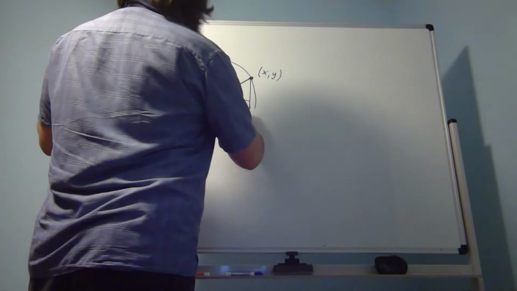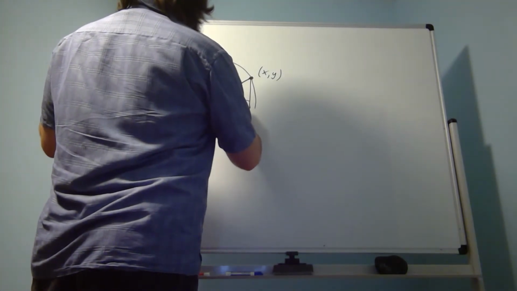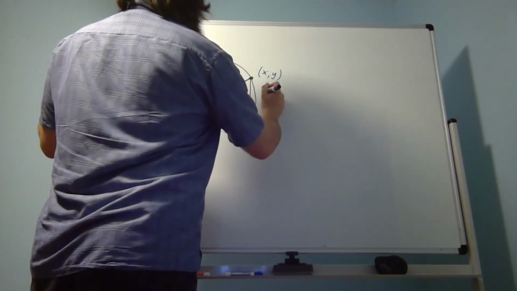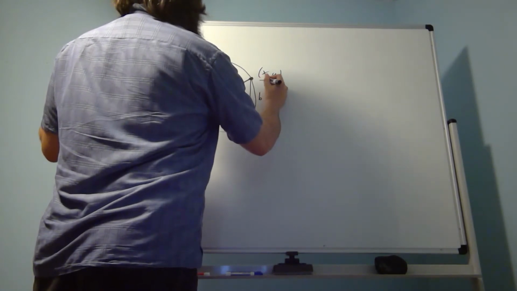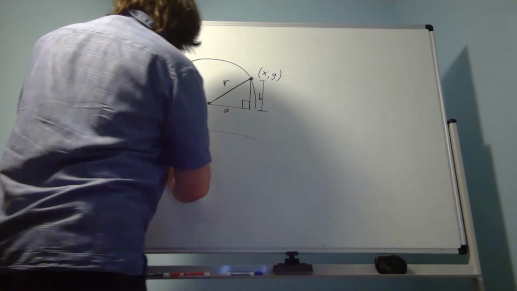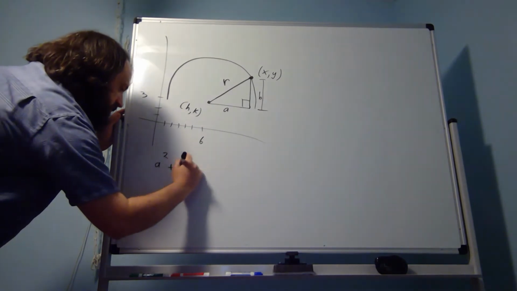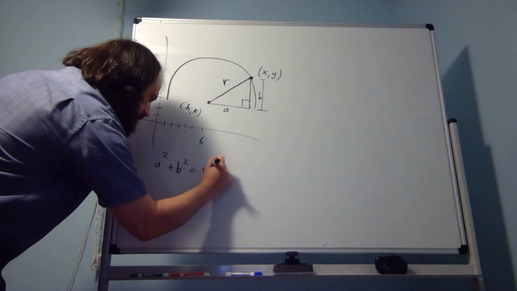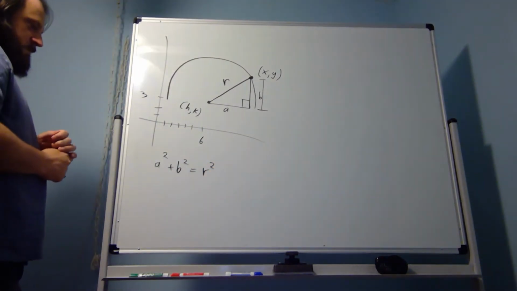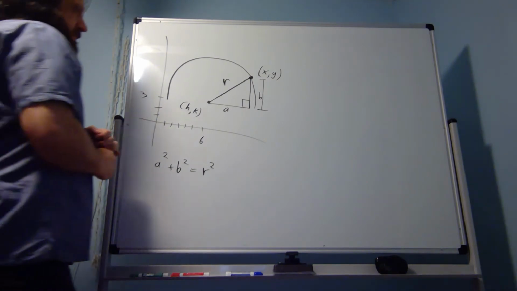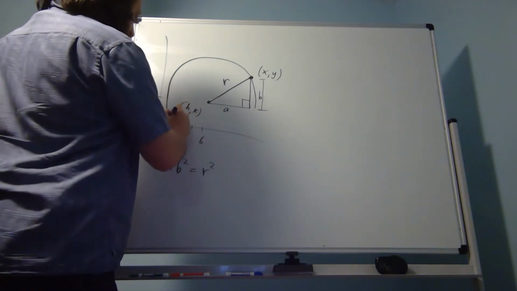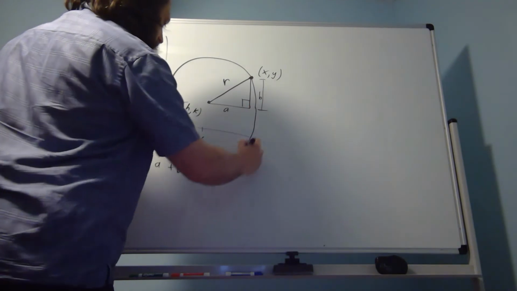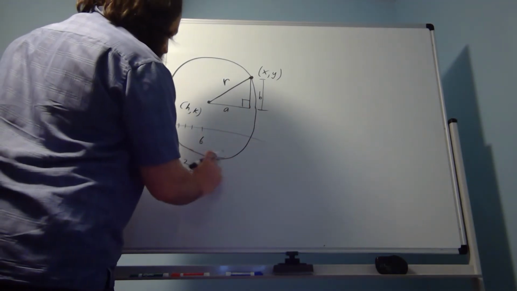Anyway, the Pythagorean theorem says that a squared plus b squared is equal to the hypotenuse, r squared. From the point of view of a circle, that r is the radius.